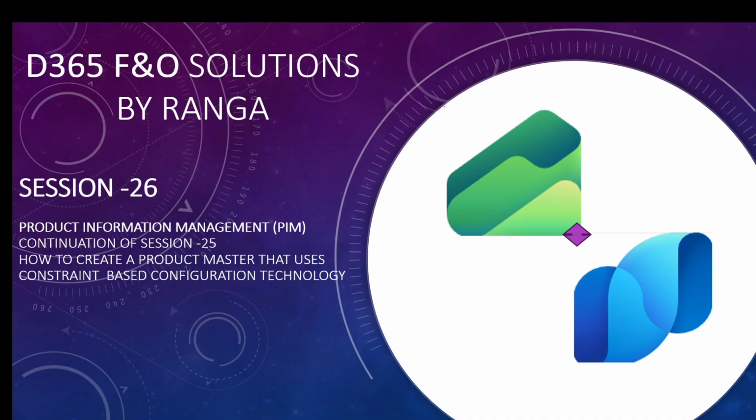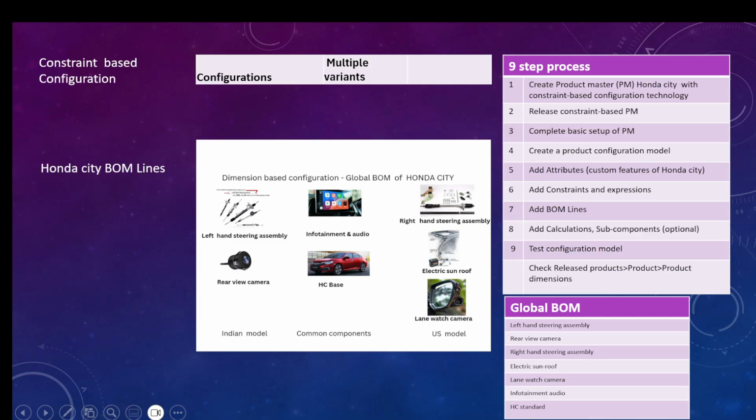Before I go there, let me summarize what we have done so far in the earlier session, that is session 25. For those who are new to this video, feel free to watch my session 25 on how to create a product master that uses constraint-based configuration technology. This is where we stopped. We stopped at a point where we tested the configuration model.